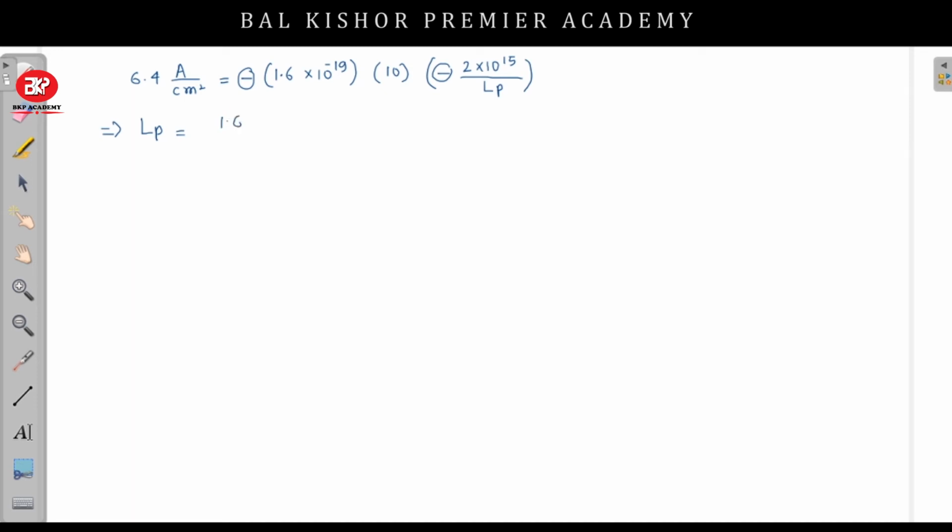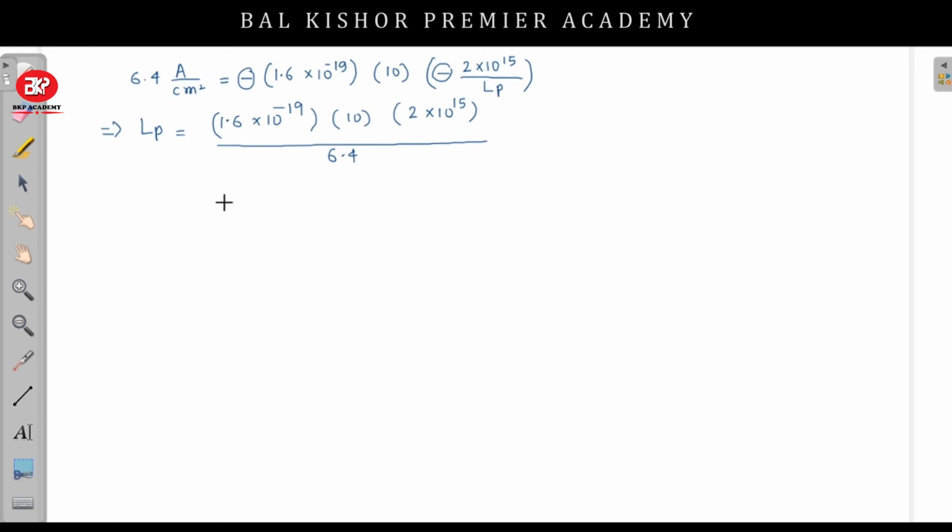So it will be 1.6 into 10 to the power minus 19 into 10 into 2 into 10 to the power 15 divided by 6.4. So this will be the value of Lp.